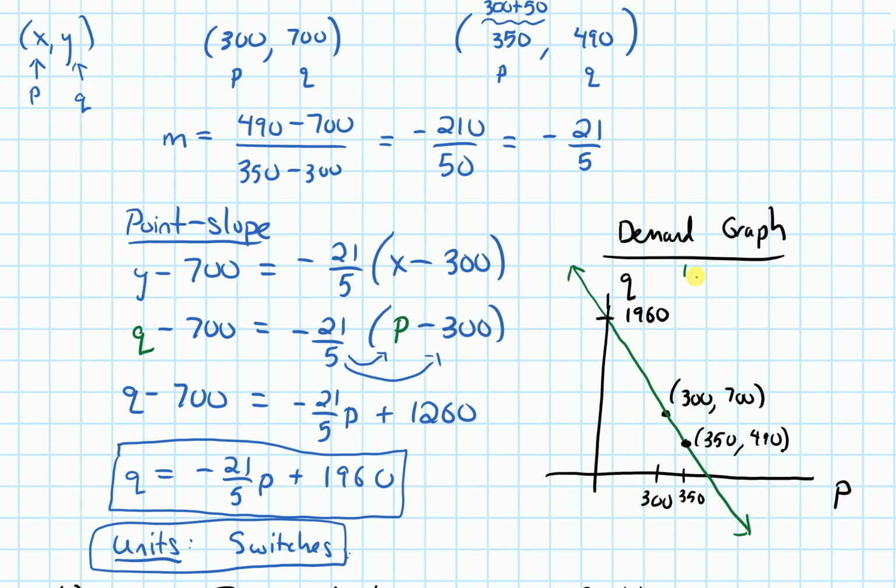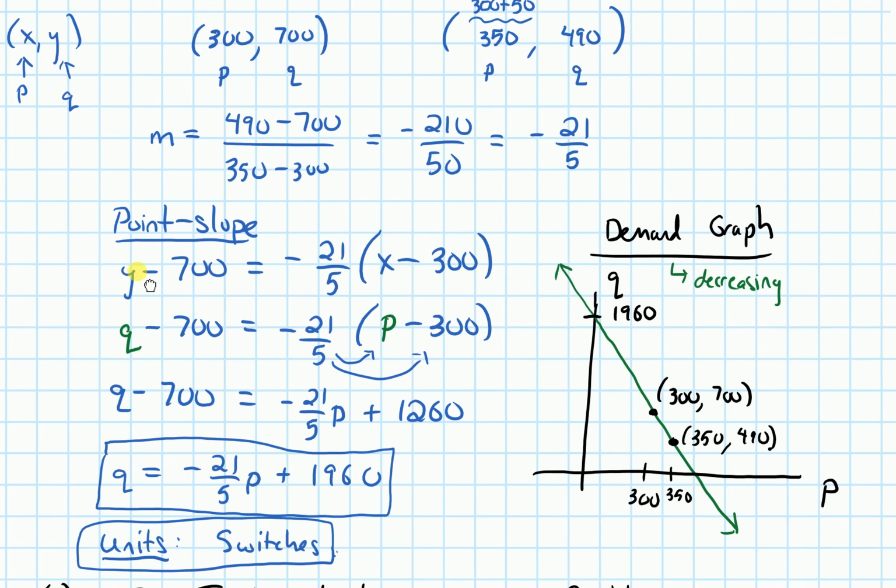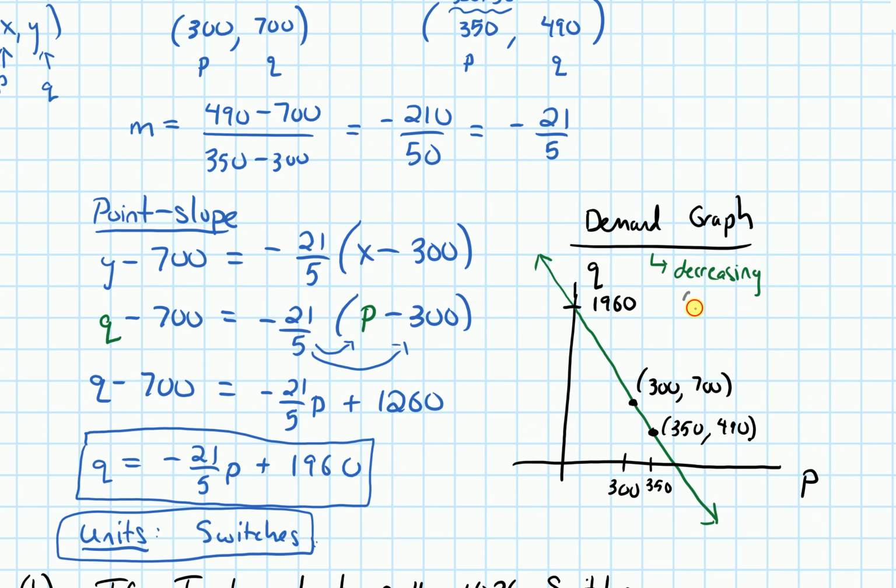The key thing that I want us to observe about this graph is that this graph is decreasing. Intuitively, the reason it's decreasing is because as the price increases, which means as we're going to the right in our graph, the price of a Nintendo Switch that Target is charging is going up.